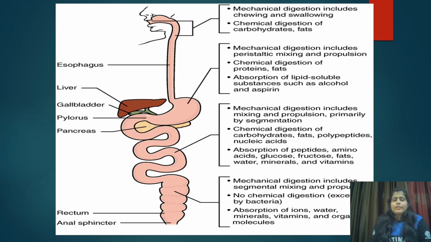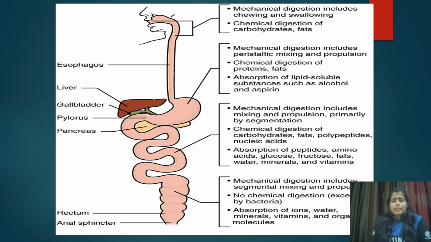Then in the small intestine we have mechanical digestion including mixing, segmentation and propulsion. Then we have chemical digestion of carbohydrates, fats, proteins and nucleic acids, everything. Here absorption also takes place of peptides, amino acids, glucose, fructose, fats, minerals and vitamins.